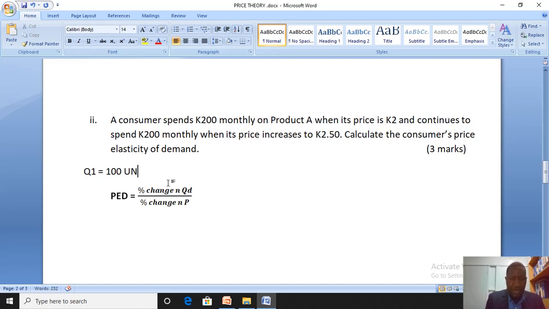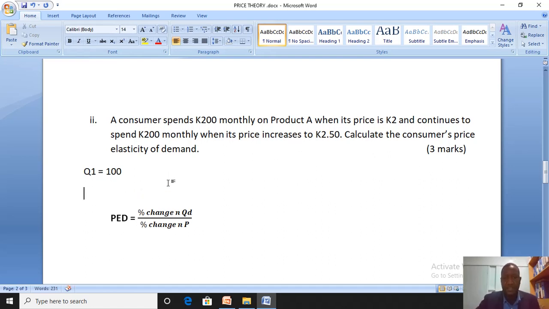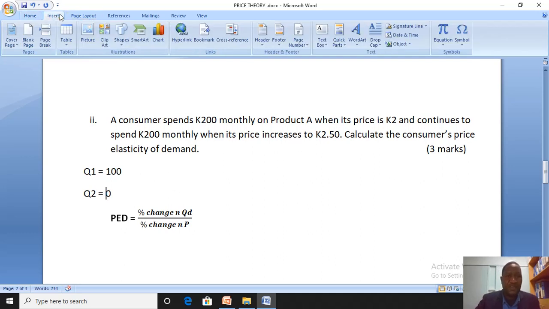If the consumer is spending 200 kwacha to buy product A, whose price is 2 kwacha, then the consumer is buying 100 units of that. Simple logic. Secondly, when the price changed to 2.5 kwacha, the consumer still spends 200 kwacha, meaning that this time around the consumer is buying 80 units. 80 units are purchased.